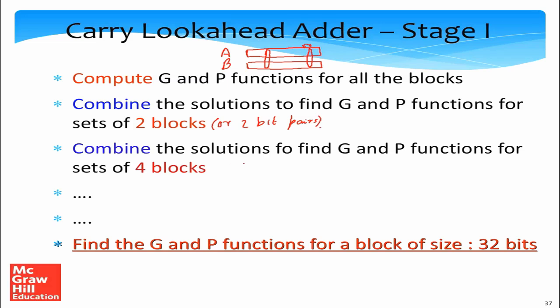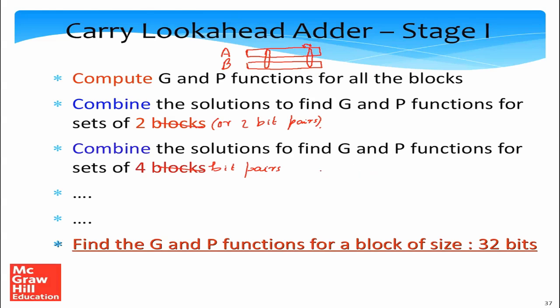Similarly, we combine the solutions to find GNP functions for sets of 4 bit pairs. I should maybe say bit pairs, it's slightly easier to understand. Similarly, we just keep on increasing the size of each block, the number of bit pairs in each block.